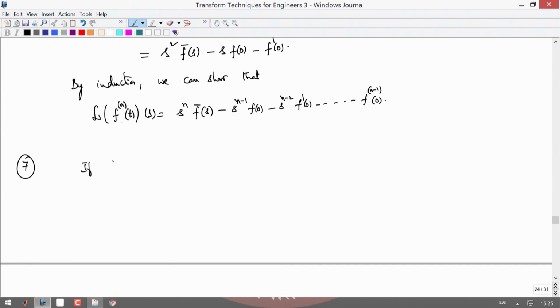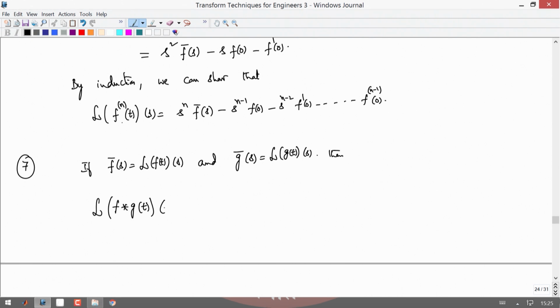If f bar of s is the Laplace transform of f of t as a function of s, and suppose g bar of s is the Laplace transform of some function g of t as a function of s, then we have the Laplace transform of f convolved with g as a function of t. Once you take the Laplace transform, this will be a function of s.